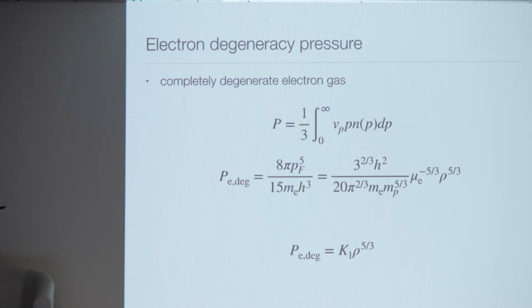So this is the equation of state for the degenerate electron pressure.